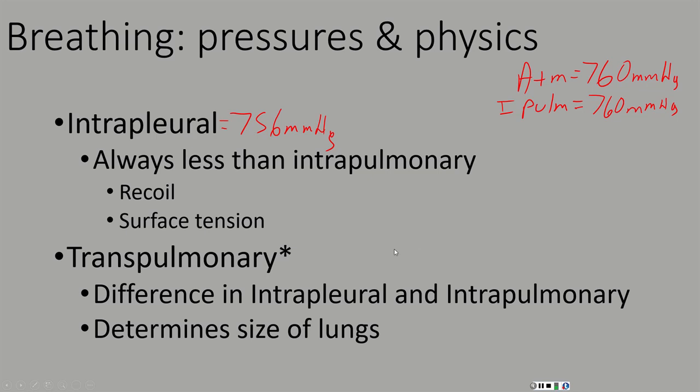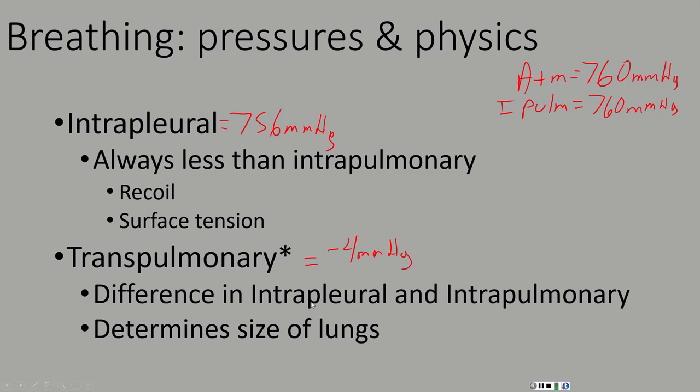So normally the transpulmonary pressure is about -4 mmHg. -4 because it's intrapleural minus intrapulmonary. Like I said, there's about 4 difference. But intrapleural is a smaller number, and if we subtract a bigger number, we get a negative.